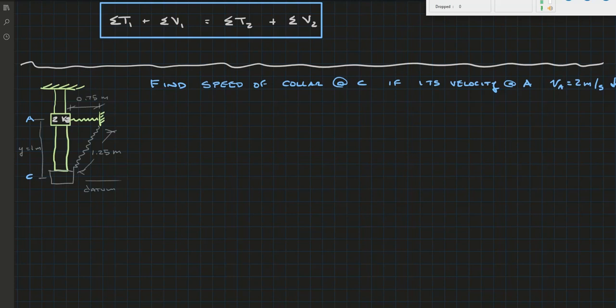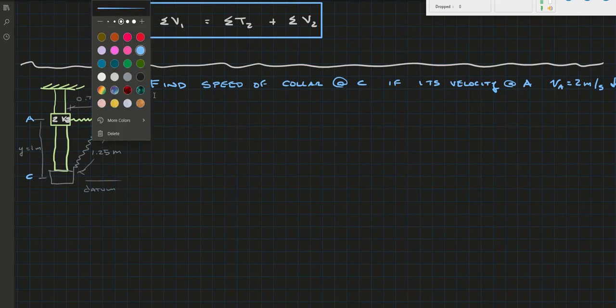So here we have a collar that is sliding down a rod to its new position from A to C. And here are the dimensions associated with it. Notice this spring, which is initially 0.75, is extended to 1.25 meters.